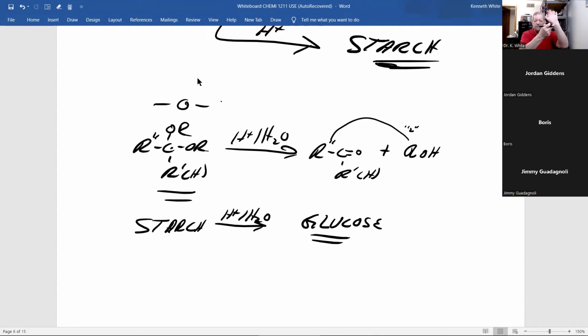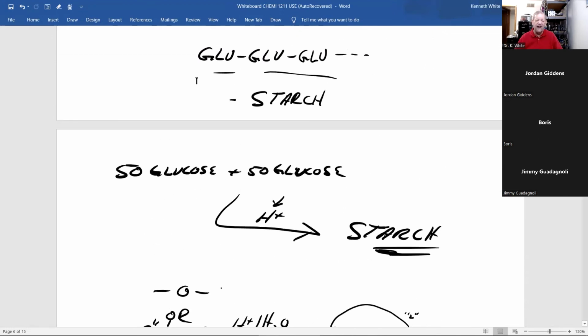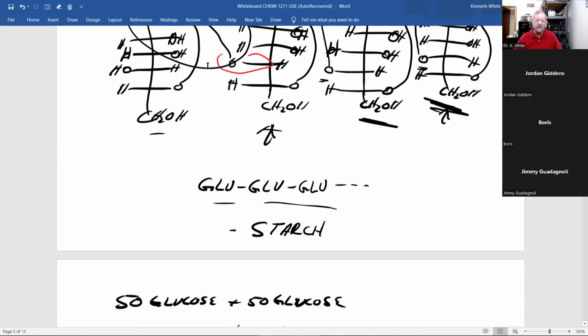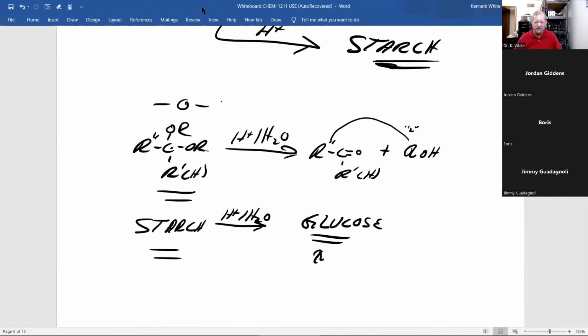It's the sugar in your blood because your body breaks down starch to make glucose. And what you're breaking down are these linkages right there, and you get back glucose. And this you should know. Take starch, react with acid and water, you get glucose.